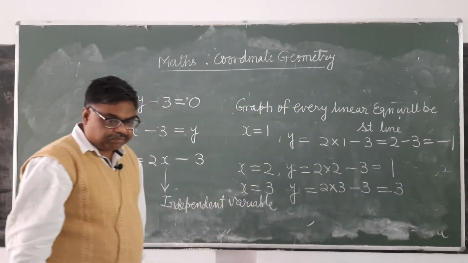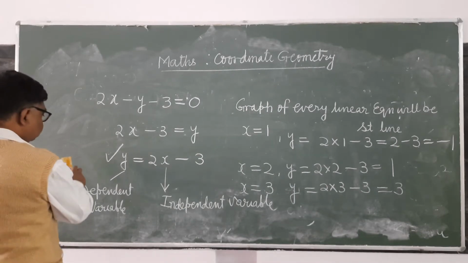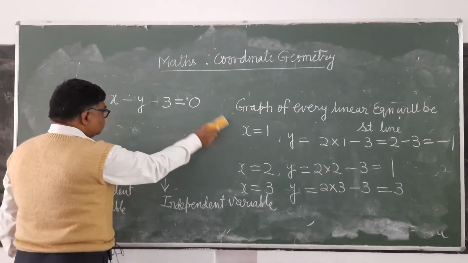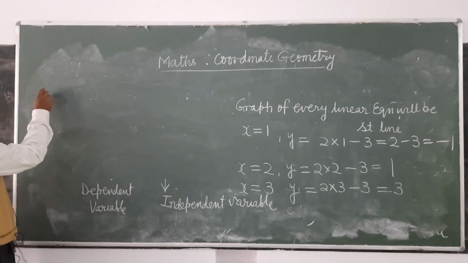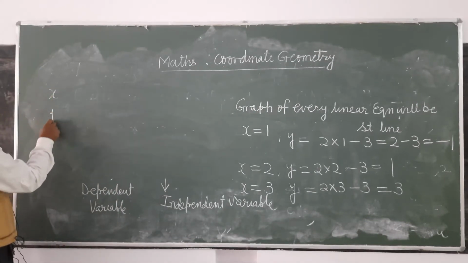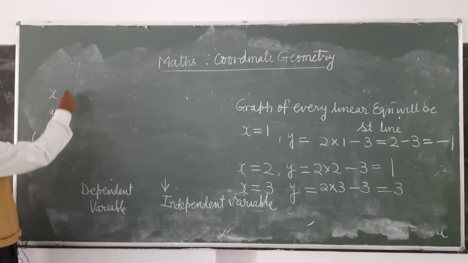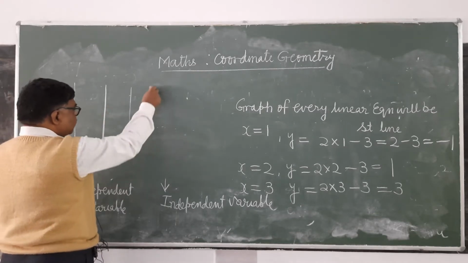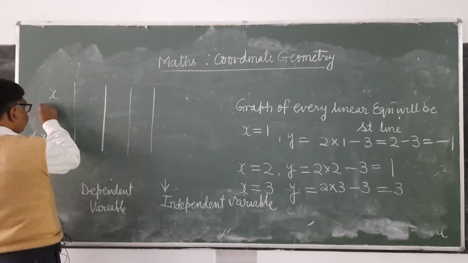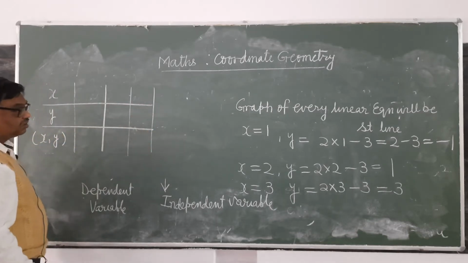Now you make a table. How will you make the table? You will write here x, here y, and here x comma y. x is 1, 2, 3.